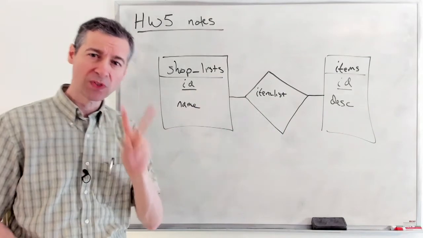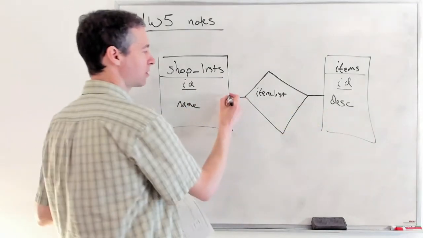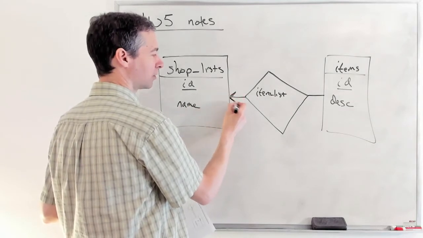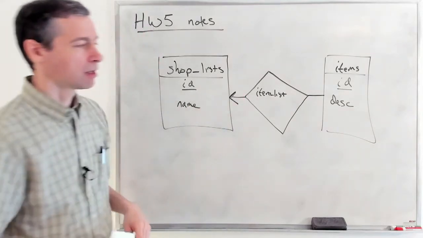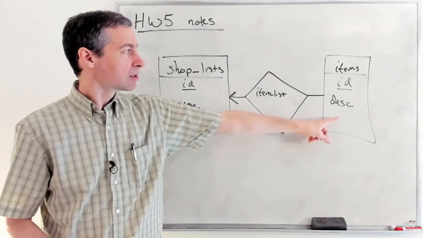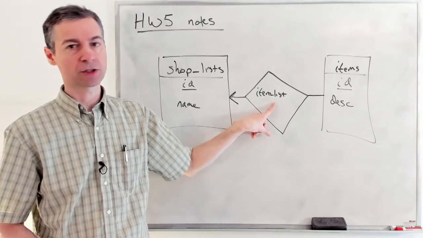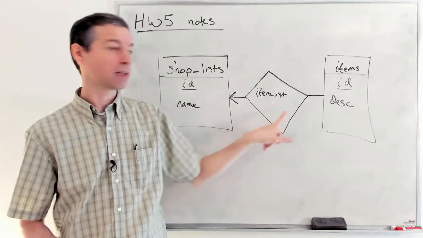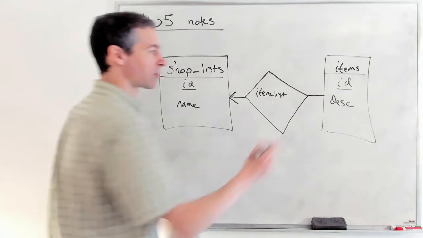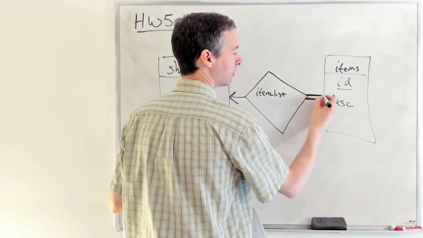So those are two things. Mapping to at most 1 means I stick an arrow here. Mapping to at least 1 means items totally participates in this relationship. There's not a single item that is not part of this relationship. And so we turn this into a double line.